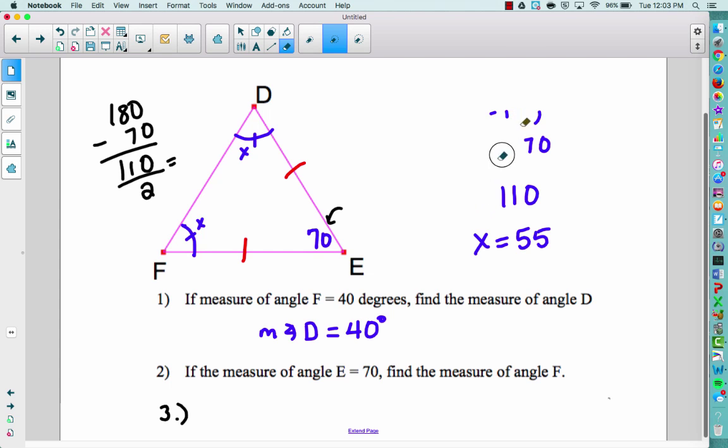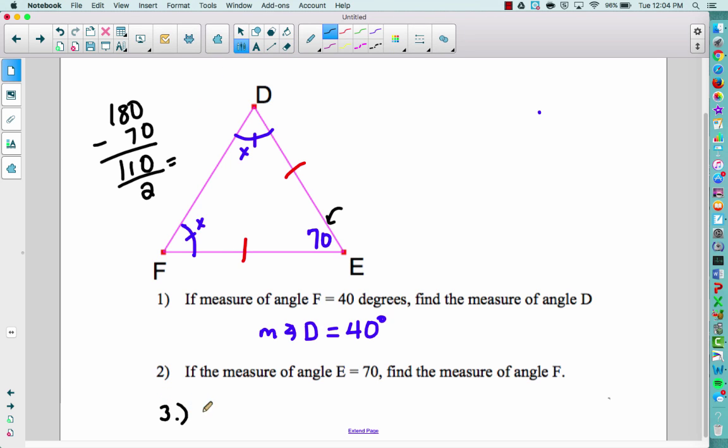Okay, so example 3 would say something like this. If segment DE is equal to 2x plus 5 and EF was equal to 3x minus 10, find x.